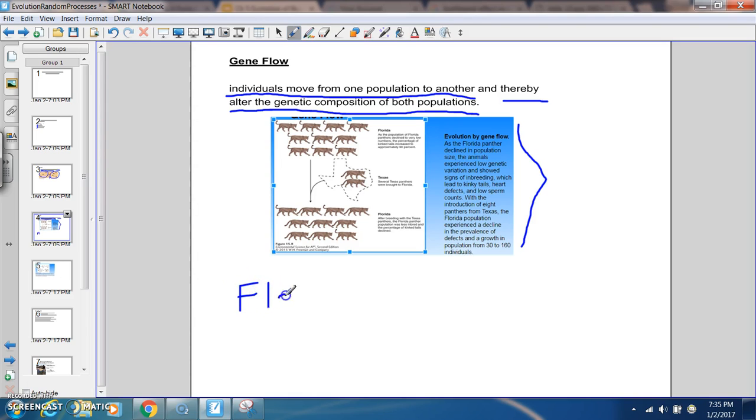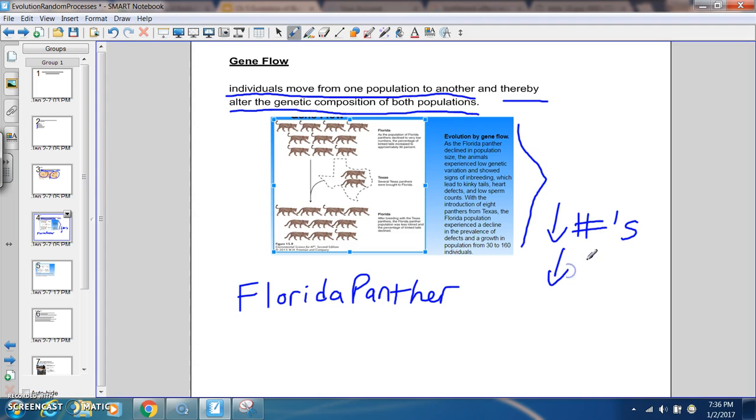The Florida panther is an endangered species, and its population greatly declined in numbers. Whenever there's a decrease in numbers, there is a decrease in diversity or variation of genes.